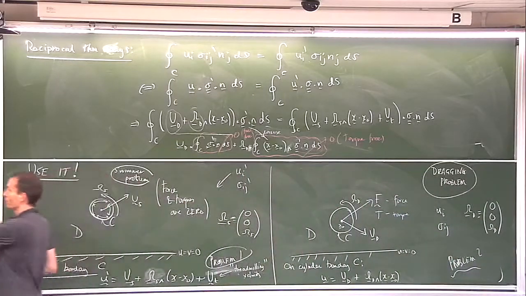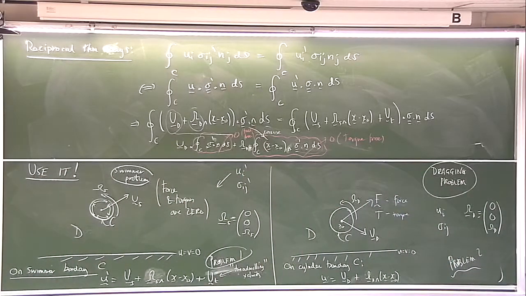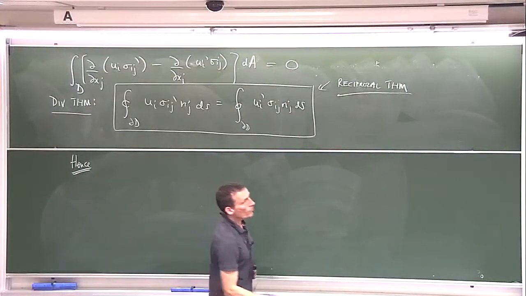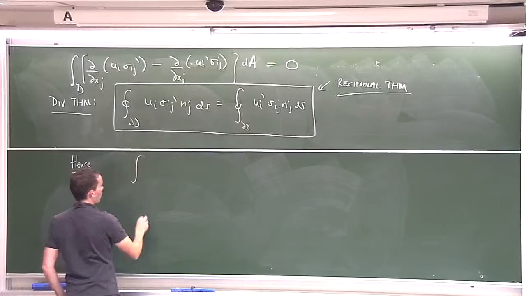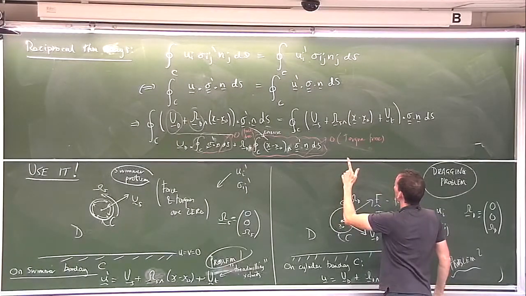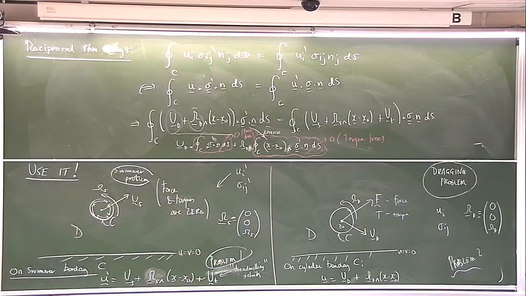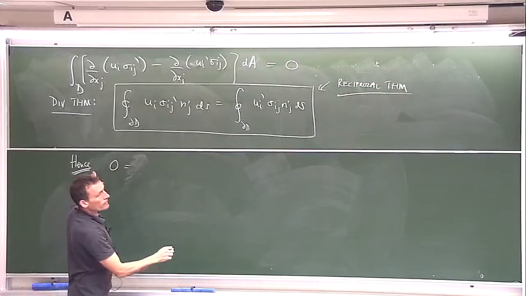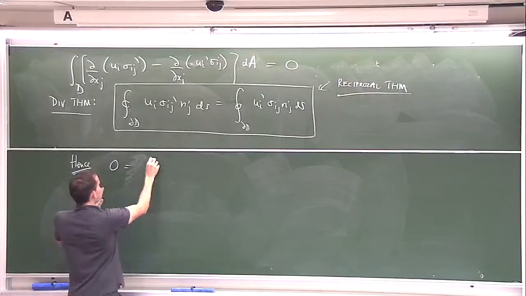We've nearly finished. Hold on, let's not finish yet. Let's carry on. Let's write one more line. So 0, we just decided, is equal to this, and I'm going to do the same on the right-hand side now, taking those constant vectors out.